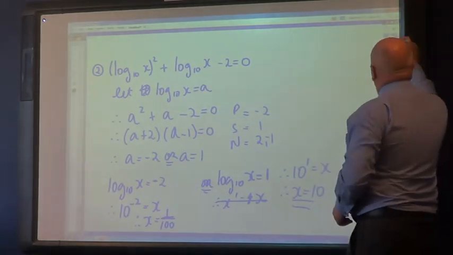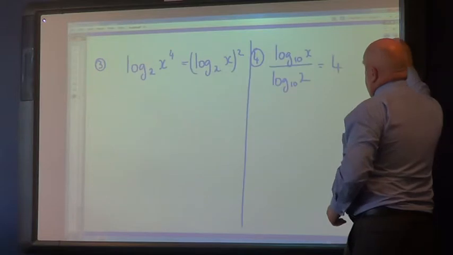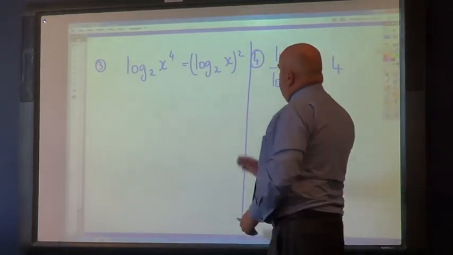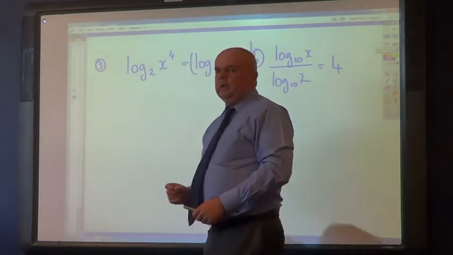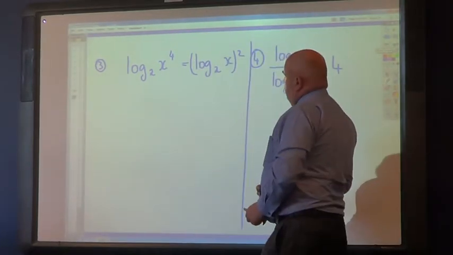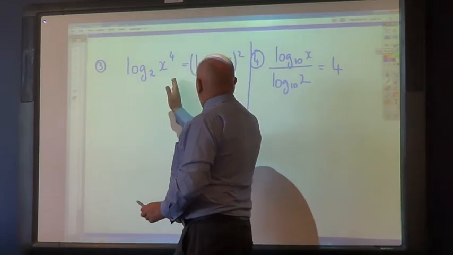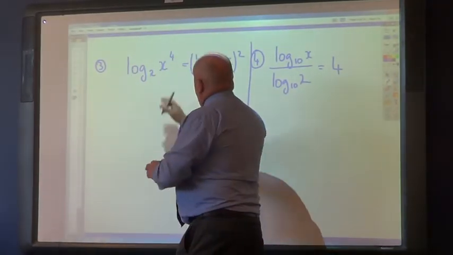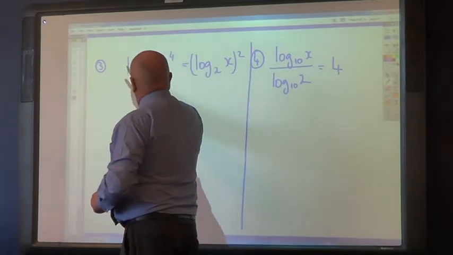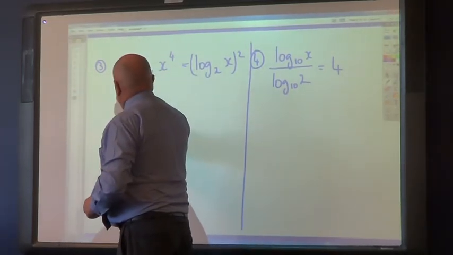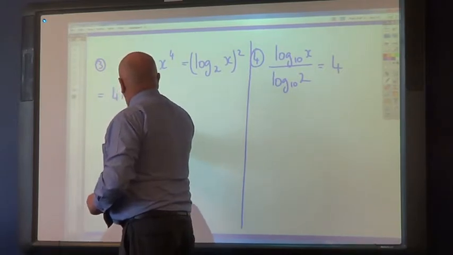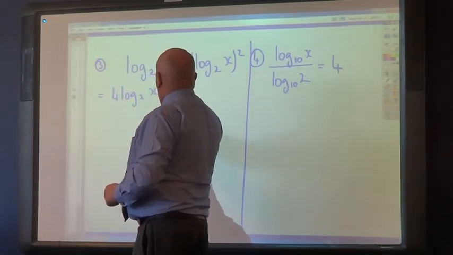Okay, next problem. We've got a couple here, boys. Now, we're going to use the substitution technique again, but this is a bit easier than it might look at first blush. You've got to understand that this can be written as 4 log base 2 of x.